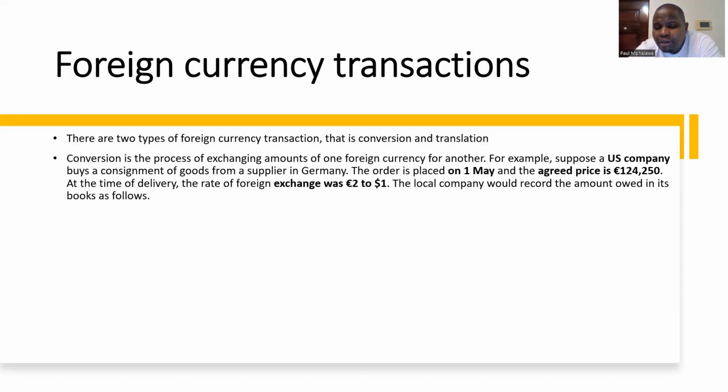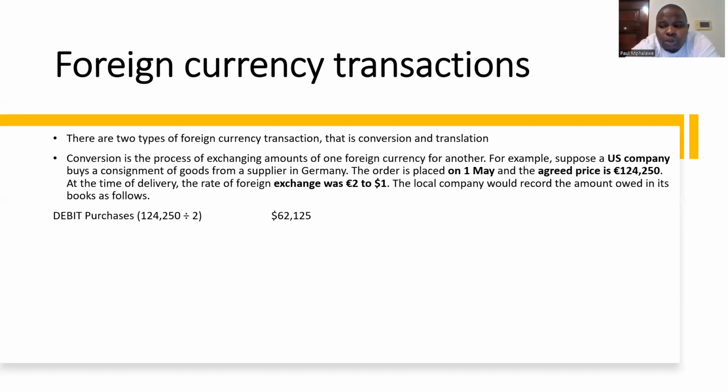The company would record the amount owed in its books as follows. So looking at the exchange rate at the time when the transaction occurred, 124,250 euros, €2 is equal to $1. What it means is that the dollar is more powerful than the euro, because $1 is buying you €2. So if you take 124,250 divided by 2, we'll find the amount in dollars.